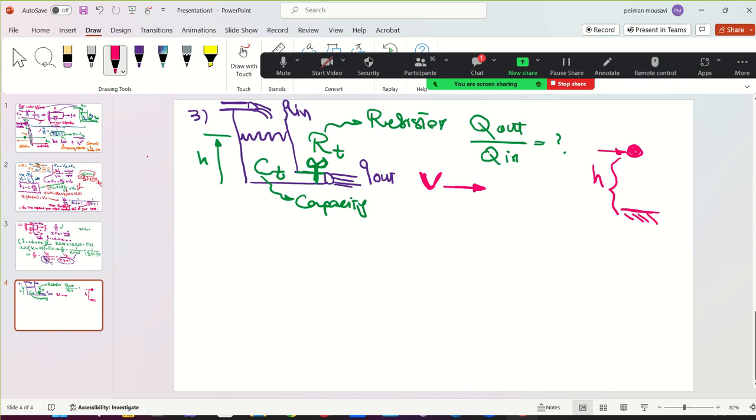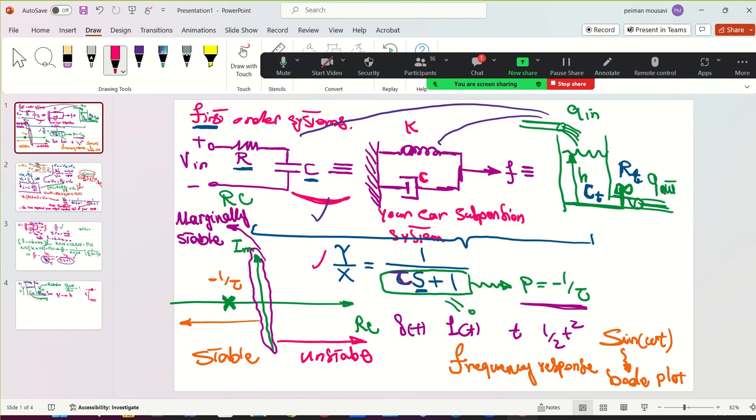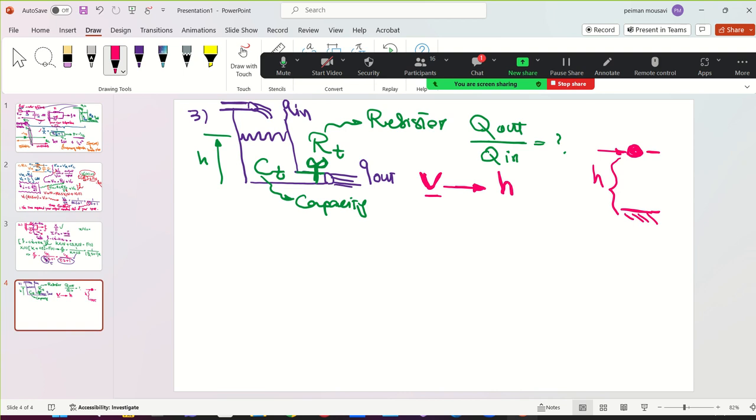It goes from here to here, that's right? Everybody? So voltage is h here, height. That's why we put like this, from high potential to low potential, from this height to zero, plus to zero.